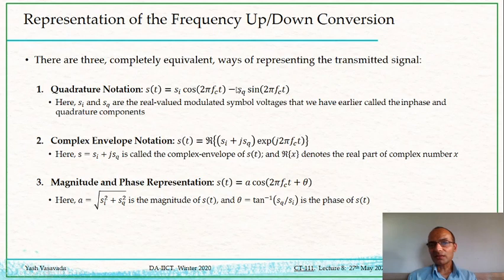Because once we extract si and sq, then we will pass it through the linear shift invariant system at the receiver, which will remove those out of band noise. And then let us assume that we have some timing scheme which will select the right sample at the maximum eye opening.